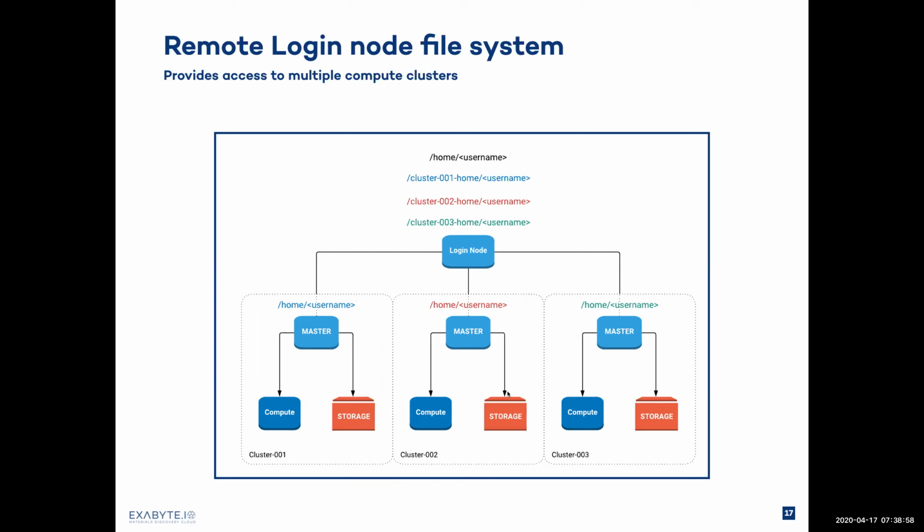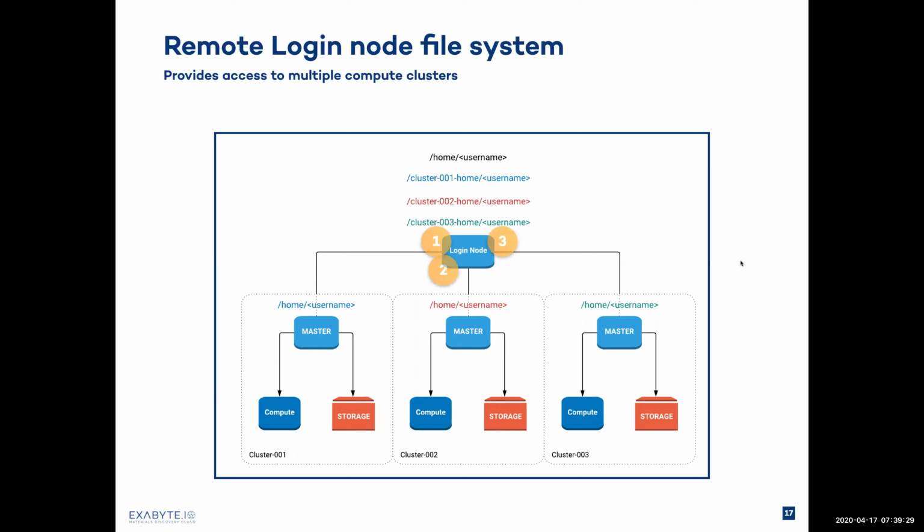And the data that they produce on all these different computational systems is aggregated on the login node. So under the corresponding mount point, under username, we have the data coming from each of these clusters. And for organizational accounts, there is also a way for multiple users to access this data. And that's how they can collaborate. This is how they can see each other's work.